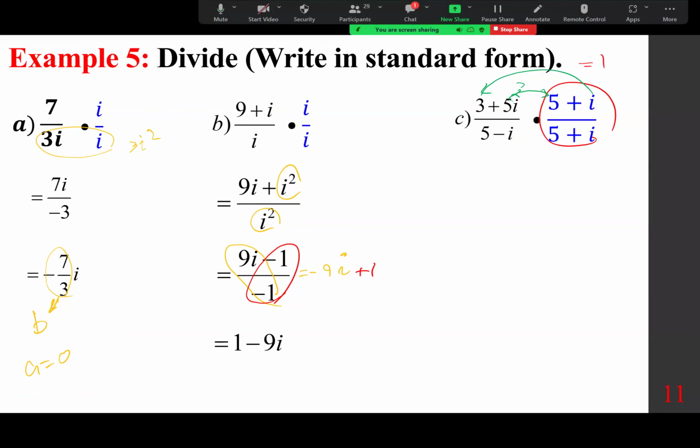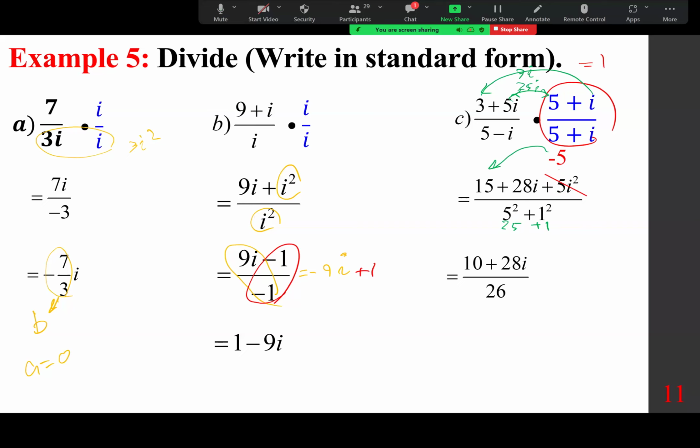So you have 25i and 3i, they add up to 28i, and then 5i squared. I hope you can do the FOILing pretty fast by now. We've seen it many times before. And so 5i squared is replaced with -5, and you combine it with 15 to get 10, and the bottom is 26.